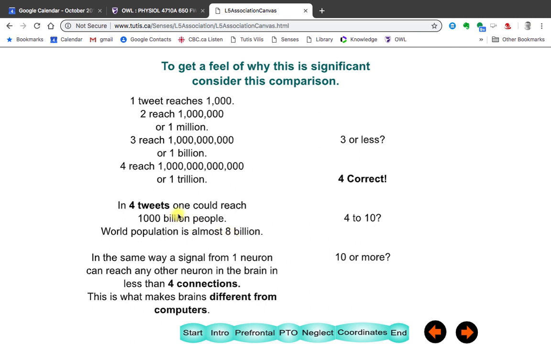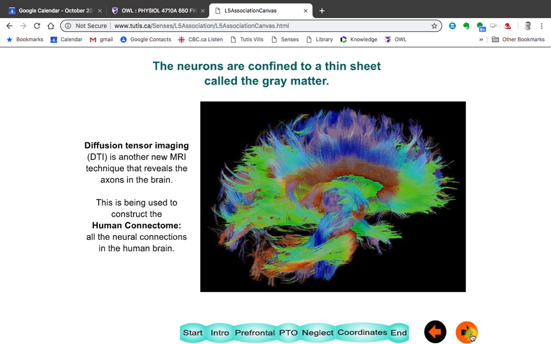So in 4 tweets, you can send a message to the whole world. And the brain works the same way. So in 4 connections, a neuron can reach any other neuron in your brain. So messages can be sent really quickly.